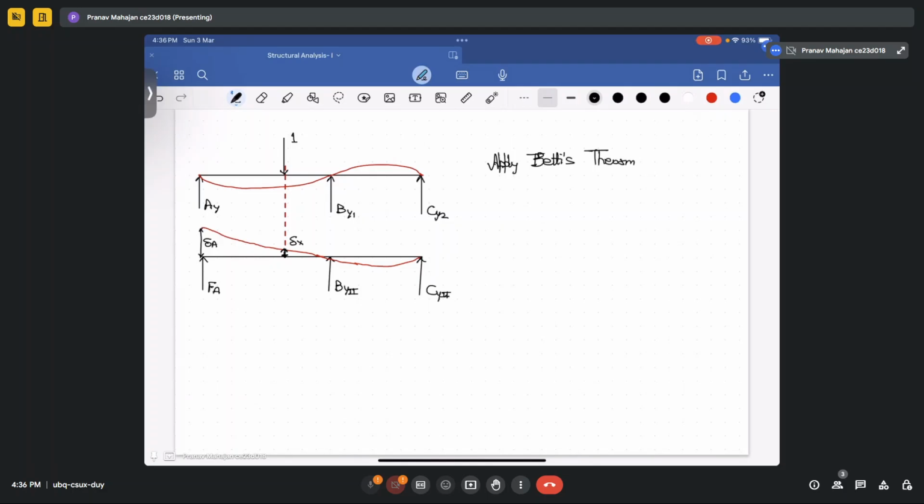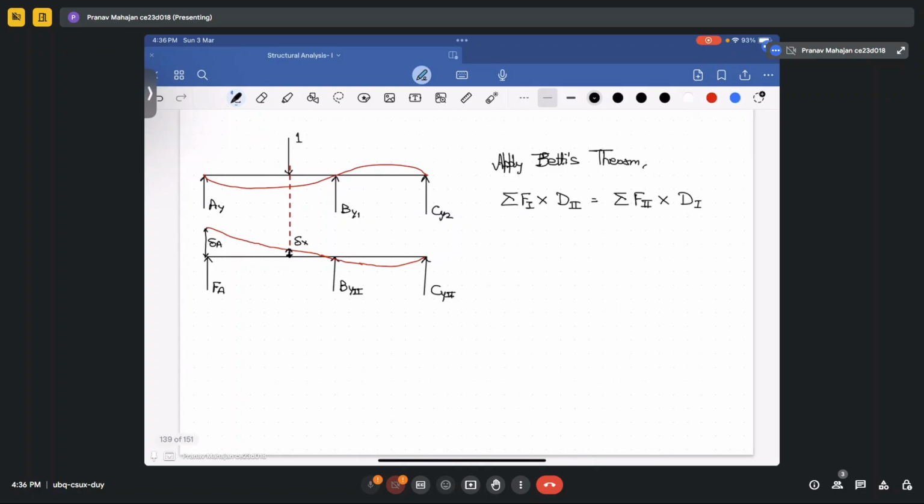What will you get? If you apply Betty's theorem, the summation of forces in system 1 multiplied by the displacement in system 2 is equal to the summation of forces in system 2 multiplied by the displacement in system 1. Okay. So in system 1, two forces are acting. One is AY and another is the point load of 1 kilonewton.